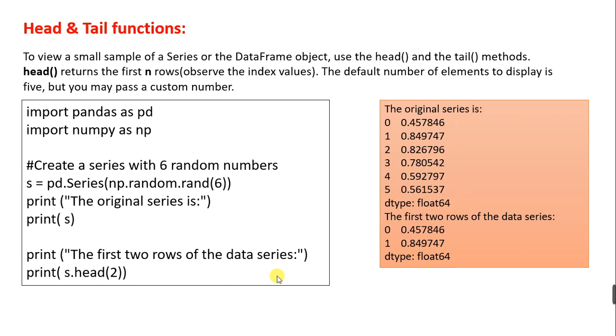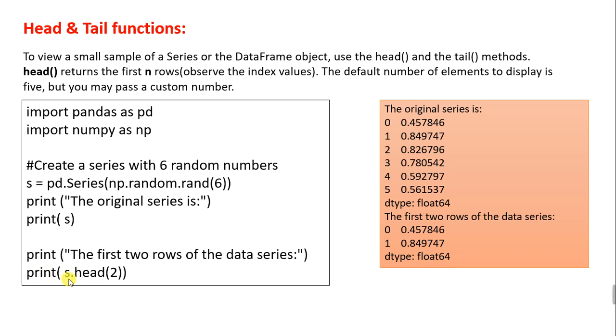Now suppose I want to display only the first two rows, that is index 0 and index 1. That means I want to view a sample of the series rather than the full series, and I want to see the starting ones from the beginning end, not the trailing end. So from the beginning, if I want to see the records, I have to use the head function. How to use it? Very simple.